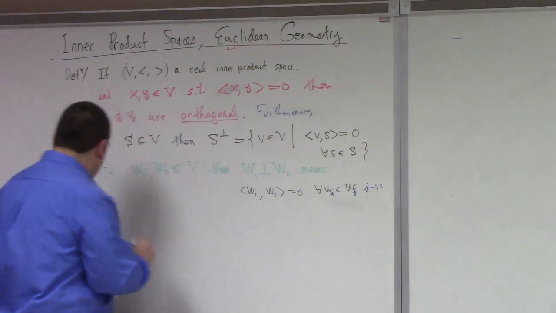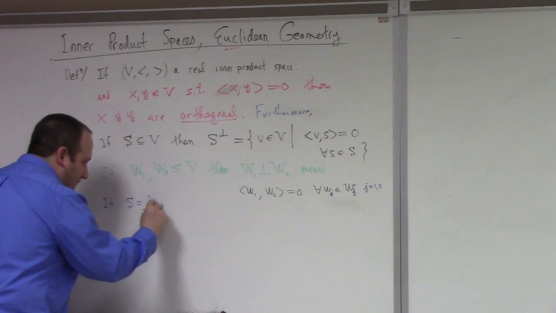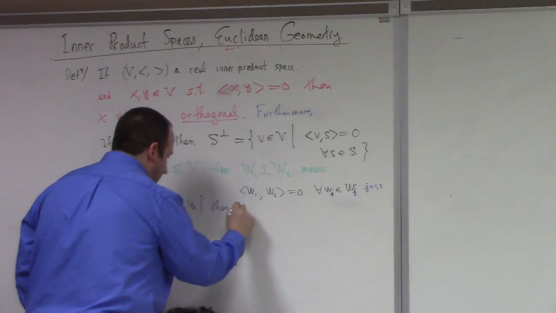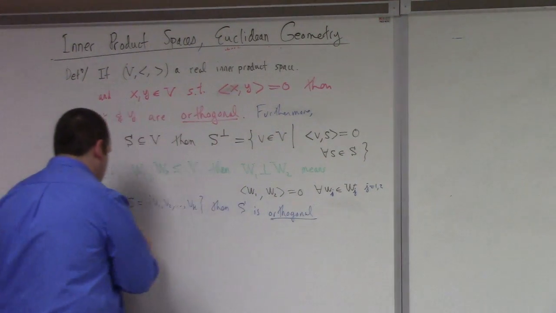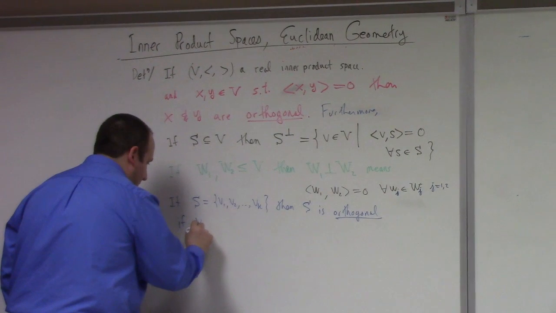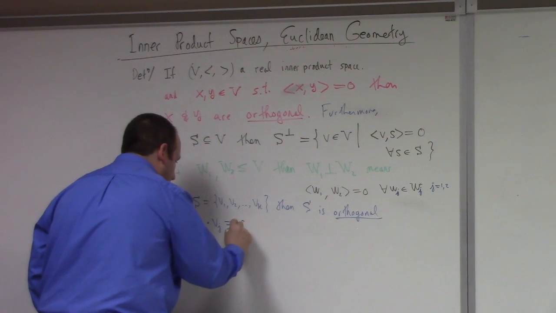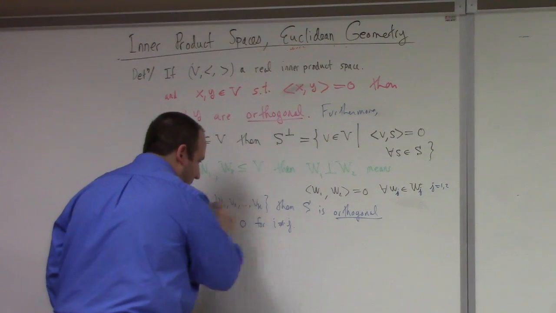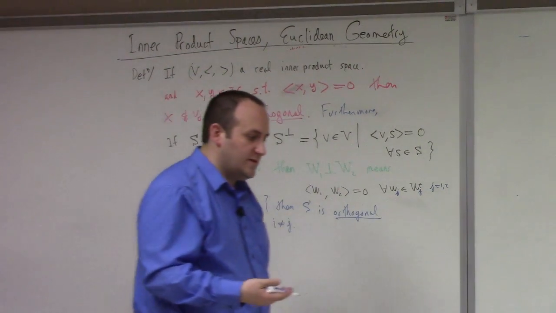If S is equal to {v1, v2, ..., vk}, then S is orthogonal if vi inner product vj is equal to 0 for i not equal to j. In other words, a set is an orthogonal set of vectors if it's pairwise orthogonal.